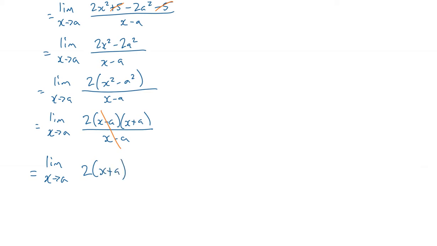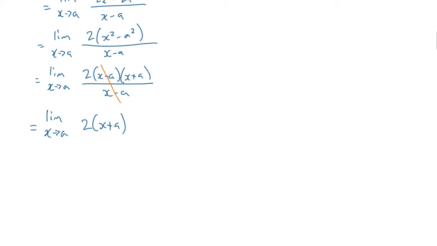Okay, so that's our first step that we're working towards, getting the x minus a factor to divide out. Now is where we can plug in, and I know that this is a bit confusing, subbing in a for x or x for a, the x's and the a's kind of become confusing. But again, just practice this a few times to make sure that you get how this works.